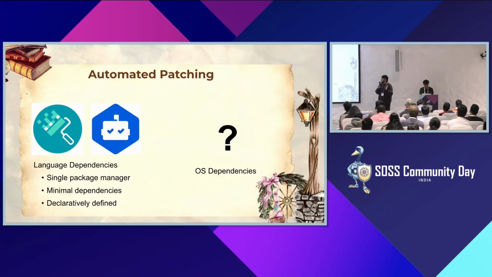So the minimal dependencies concept is already being used, and those are declaratively defined in the go.mod. But for OS dependencies, that's not the case. We usually do this RUN command, which downloads unwanted dependencies, and we have Renovate and Dependabot, which help us automate patching for language dependencies, but we don't for OS dependencies as of now.